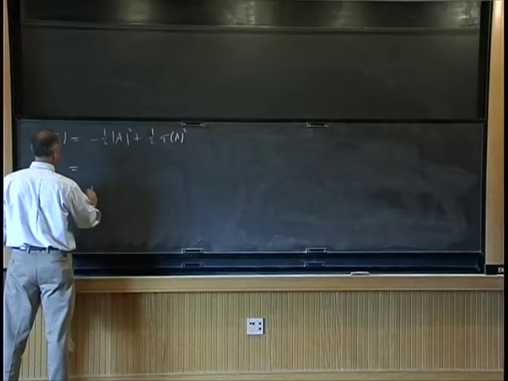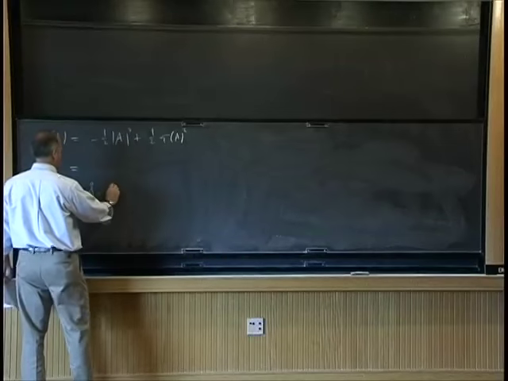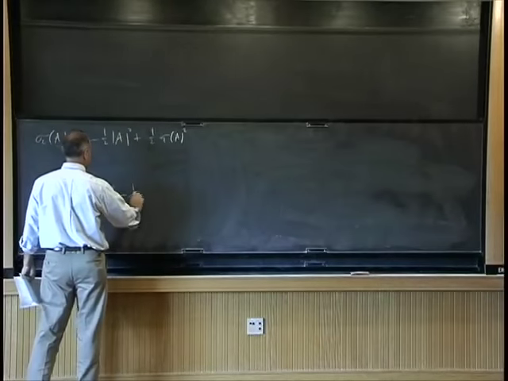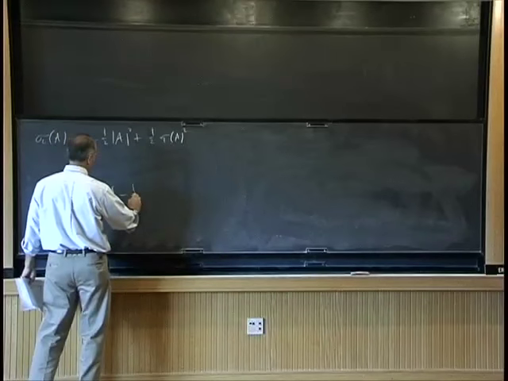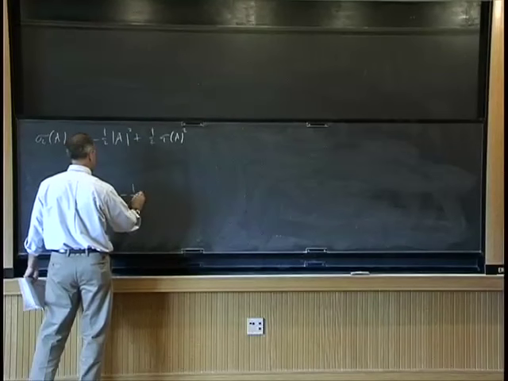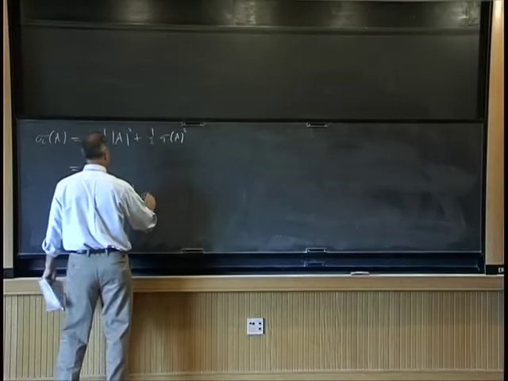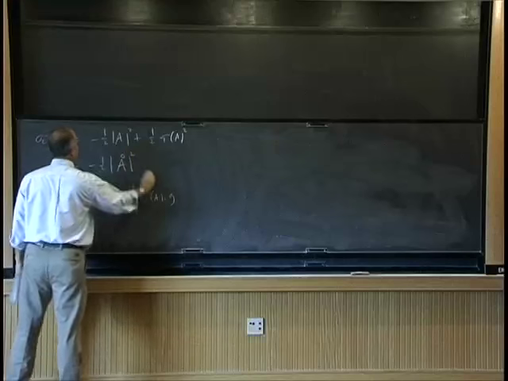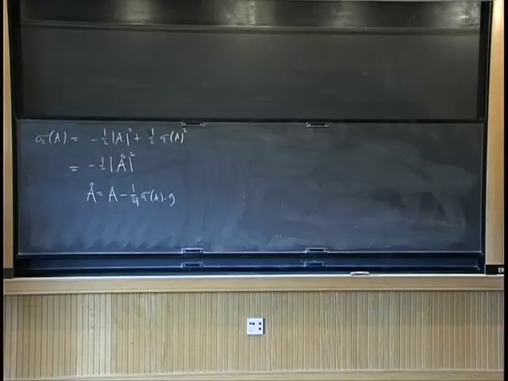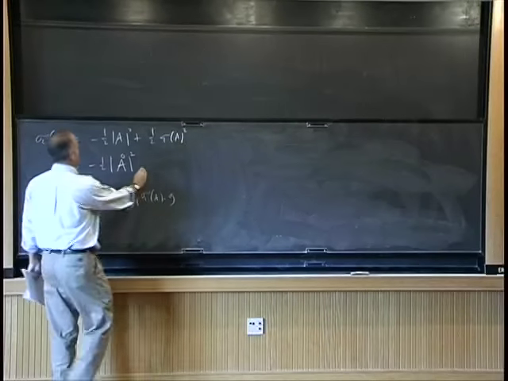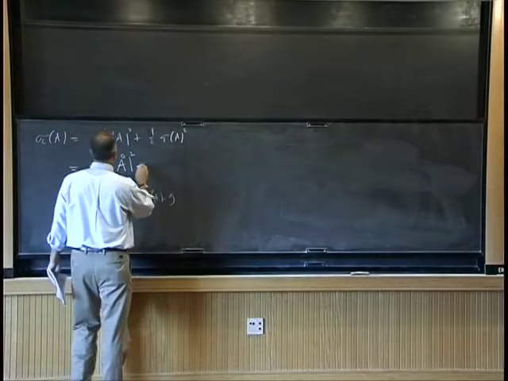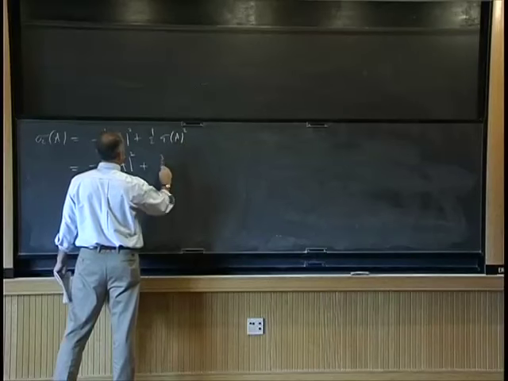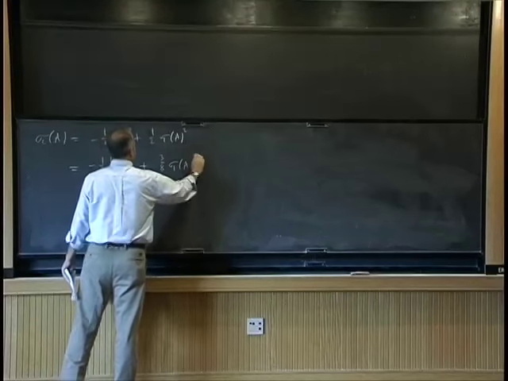Let A naught be the trace-free part of the Schouten tensor: you take the Schouten tensor and subtract its trace. We're in 4 dimensions, so put a 1/4 there. And this is minus 1/2 the norm squared of the trace-free part of the Schouten tensor. And then, minus 4 plus 4, that's 8, that's plus 3/8 sigma 1 squared.